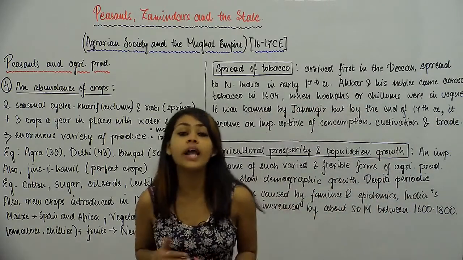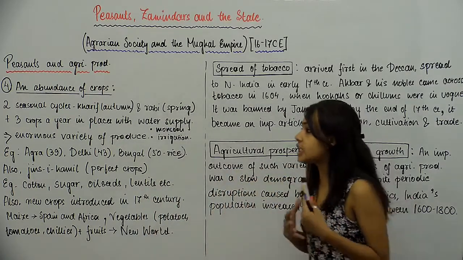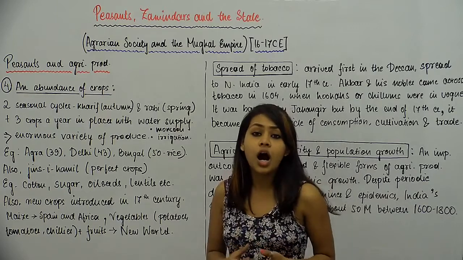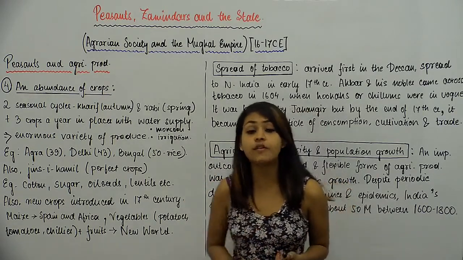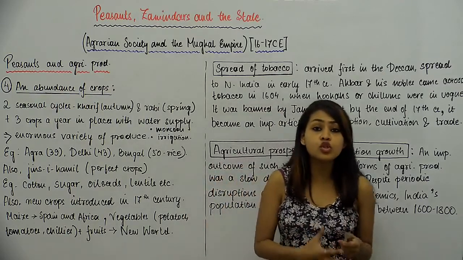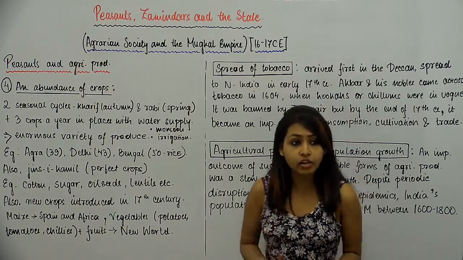So it's quite evident that the climatic conditions and the water supply and the nature of the soil in Bengal were very suitable for the cultivation of rice. And rice is also something that happens to be the staple diet of Bengalis.